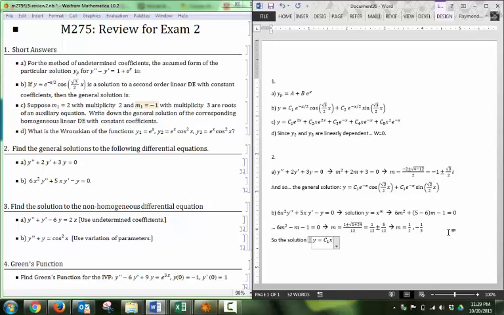Remember that these are x powers raised to the 1 half, and then we have plus c sub 2 times x raised to the negative 1 third. And I think that should be it. Alright, so that's number 2.